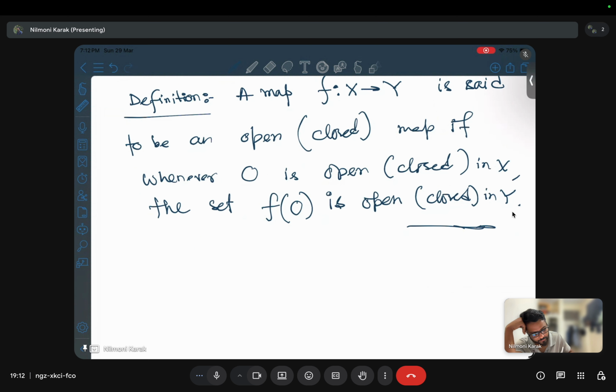So there is a theorem about this, and this is why we study open maps.